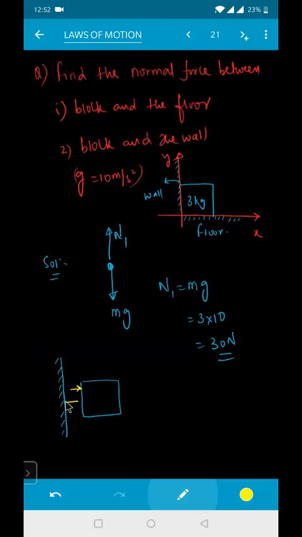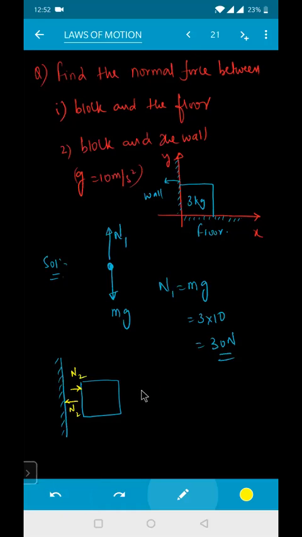This wall also will exert some force acting on that one. This is N1, this is say N2, this is N2. Equal and opposite, N2 minus N2. That will be equal to how much? 0. That means the normal reaction will be equal to 0. Isn't it? So normal reaction will be equal to how much for me? 0. There is no acceleration acting on the system.